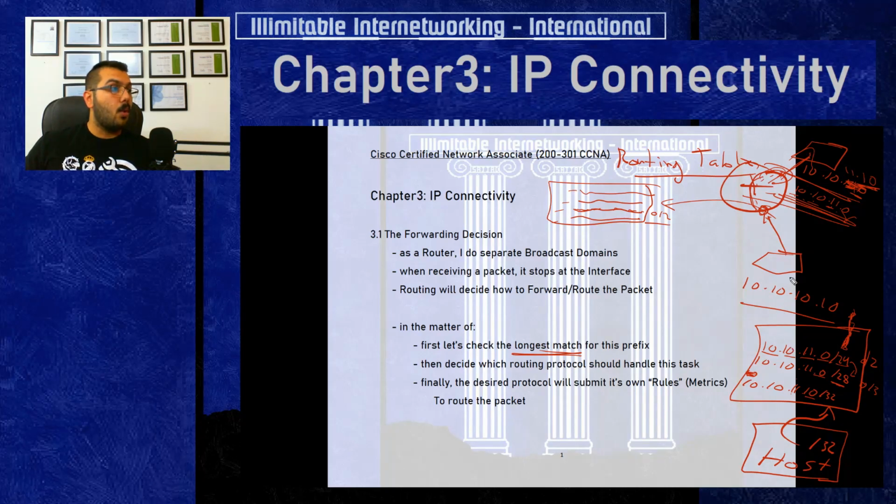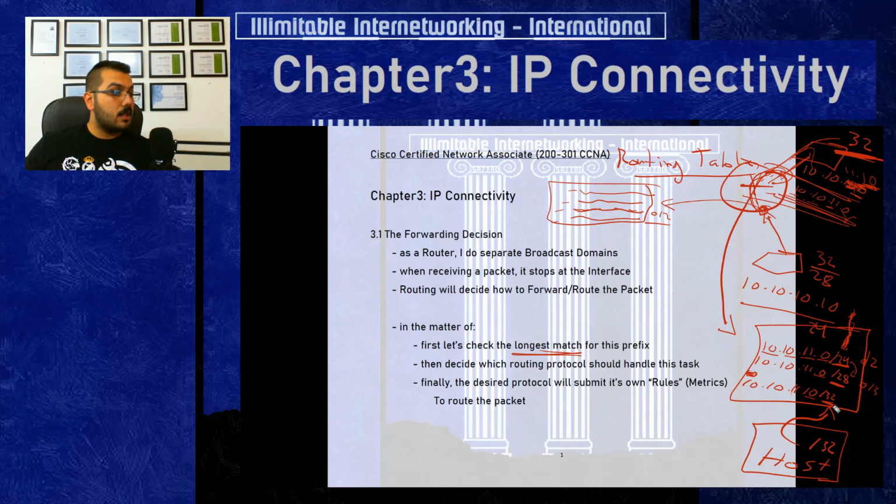My packet wants to reach a host, and the host has the subnet mask of 32, as I have just mentioned. When I come here, this matches only 24 out of the 32 that I want. This one matches only 28 out of the 32 that I want.